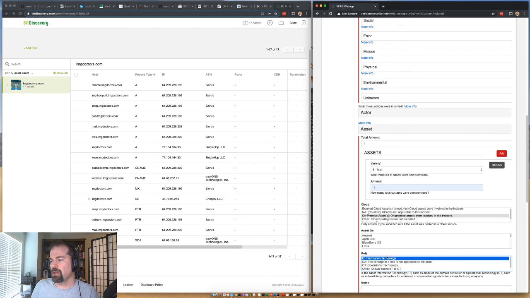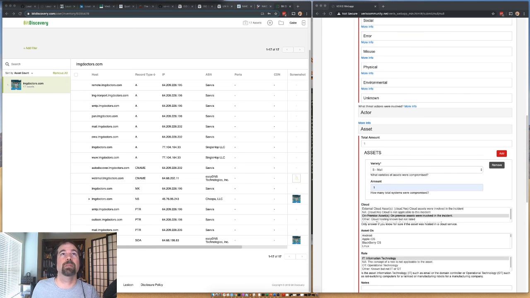On-prem for us also includes, and we probably should include that in the description, that I'll add a note for VERIS to do this, that on-prem also includes data center hosted stuff. So when we say on-prem, we don't necessarily mean literally in the building. We just mean that they manage the systems directly.